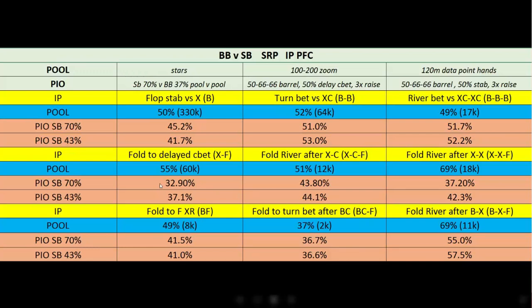And given that this is an area that we already know the pool is making a mistake in, from when we modeled what the pool does against the pool on average, which is looking at the 43% small blind opening line, we saw there was an 18% hotspot.